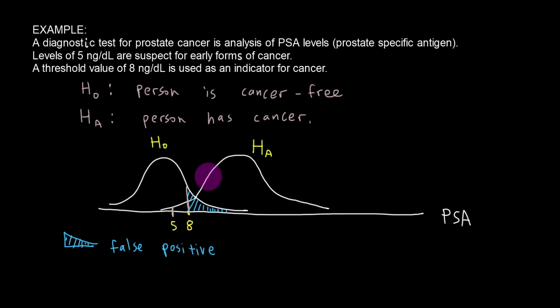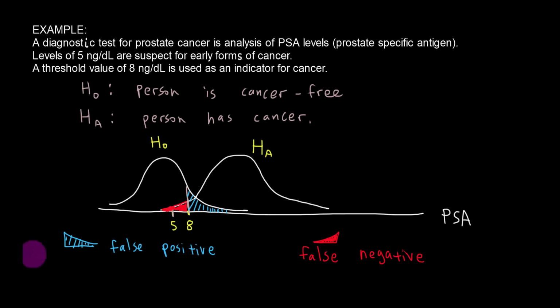So that would be, I'm going to shade it in red, that would be these folks. Maybe even all the way up to 8. The red shaded region, those are the folks who do have cancer, but their PSA levels are low. So that's if you were able to find the area in those curves, those would be the false negatives.